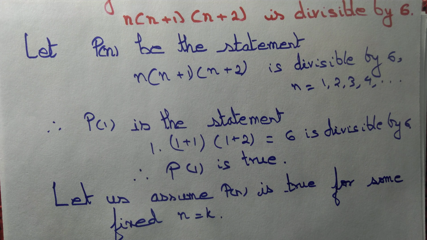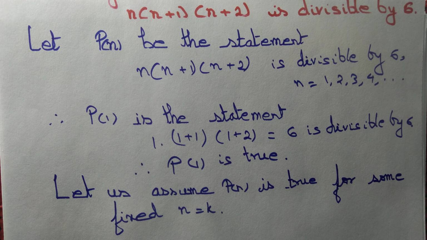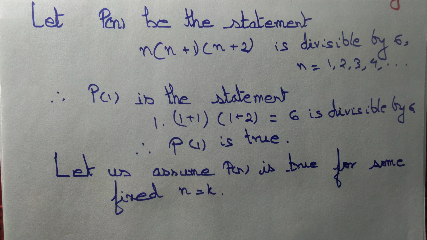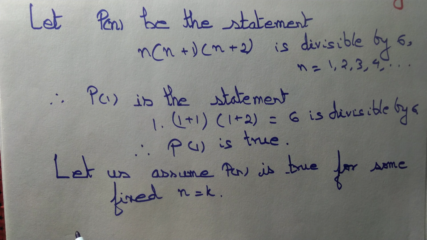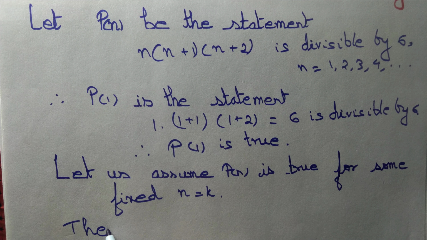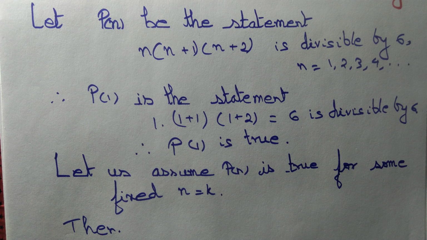Now, if we want to prove something, then you have to assume something. So, we assume that Pn is true for some fixed n equal to k. Now we assume that it is true for n equal to k.